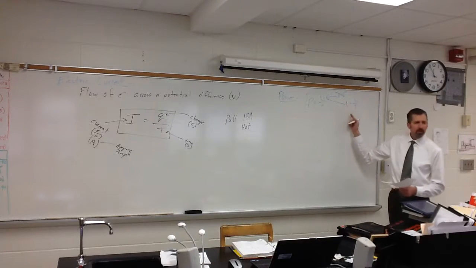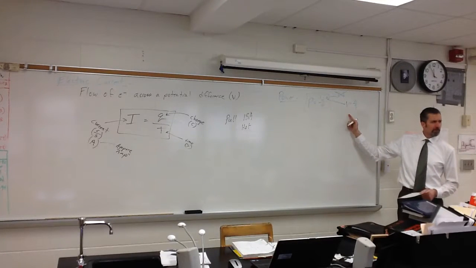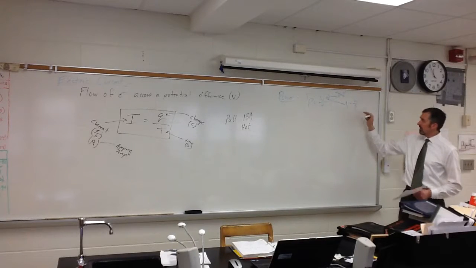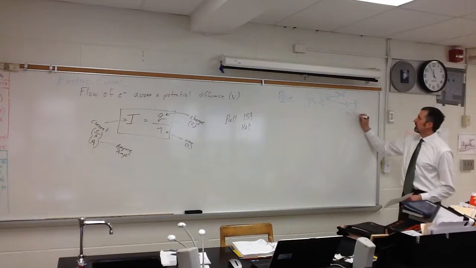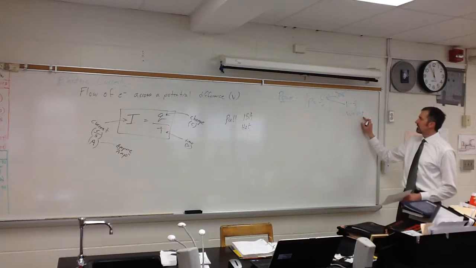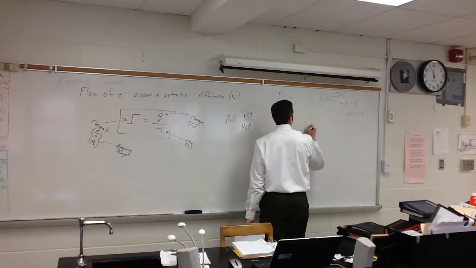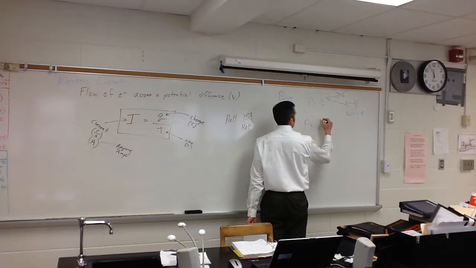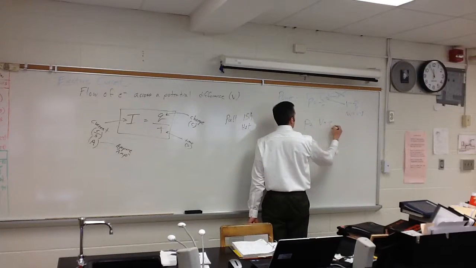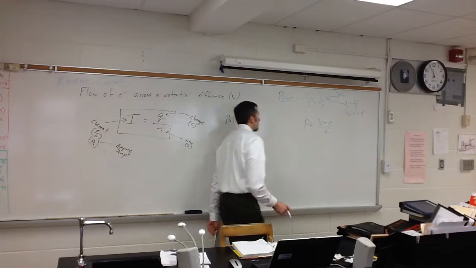Isn't that the way we wrote it the other day? Is this ringing a bell? Mm-hmm. So if I rearrange that, it would be voltage or potential times charge. So that's how I'm going to plug it in. I'm going to say power is potential times charge over time.